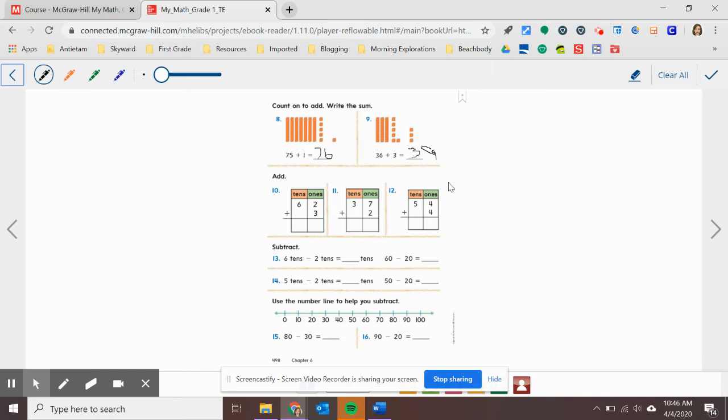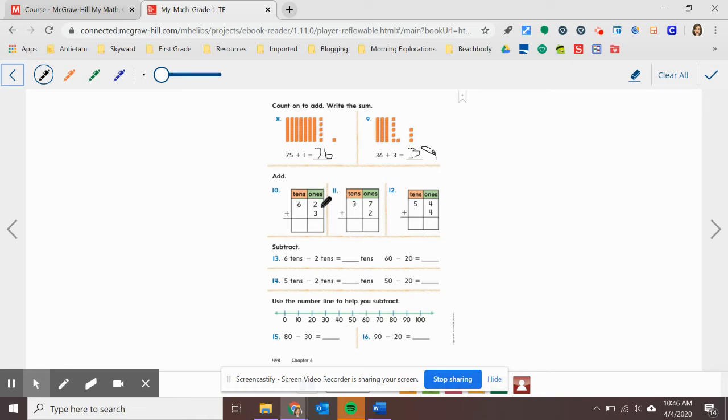Next, we're going to come down here and move on to number 10. Now we have a 2-digit number added to a 1-digit number underneath. So we have 62 plus 3. Now, think to yourself, I always start on the, which side? I always start on the ones side. So now I have to look at these numbers and add them together.